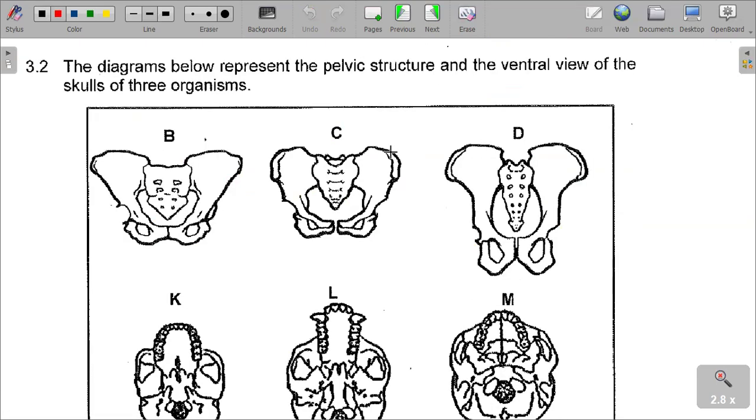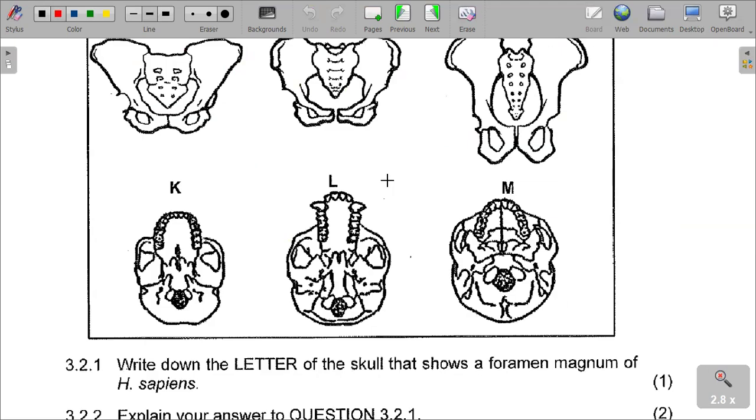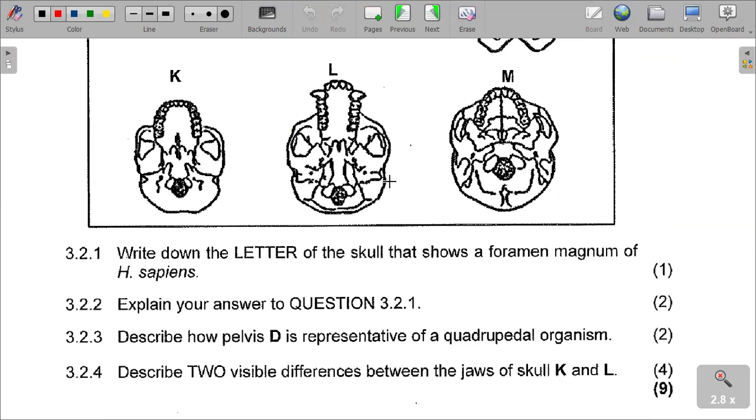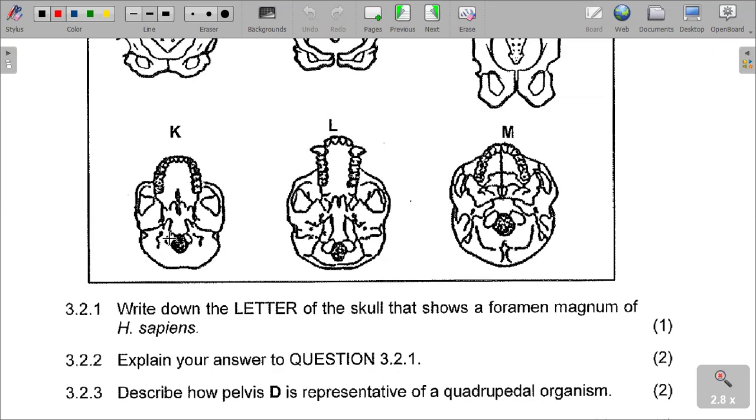The diagram below represents the pelvic structures and the ventral view of the skulls of three organisms. Question 3.2.1: write down the letter of the skull that shows the foramen magnum of Homo sapiens. The foramen magnum is the opening at the back.